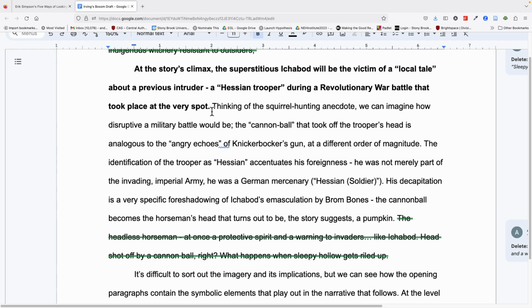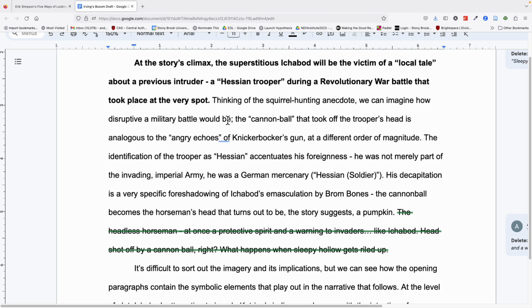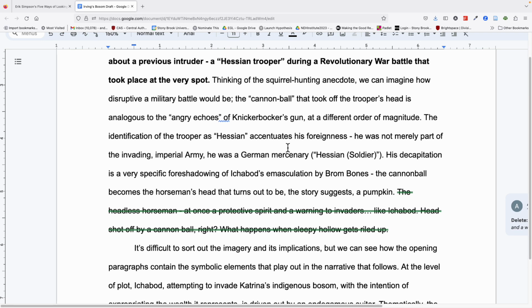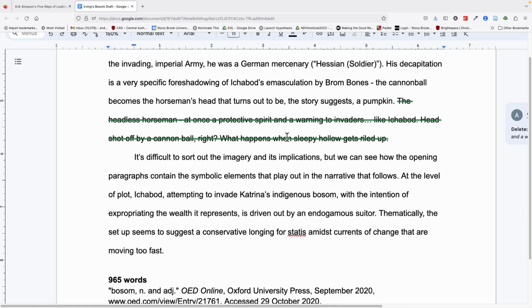That's maybe a little too descriptive, and I want to articulate my point. But it's interesting to think about how the cannonball that knocked off the trooper's head is a foreshadowing of, literally represented by, the pumpkin that nearly takes off Ichabod's head, maybe.